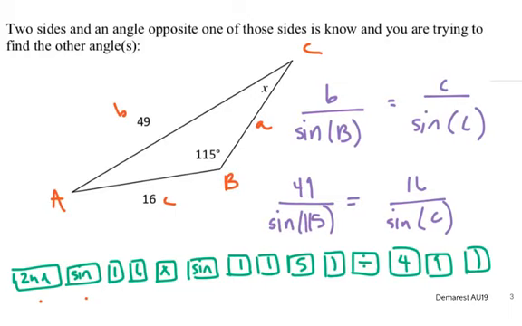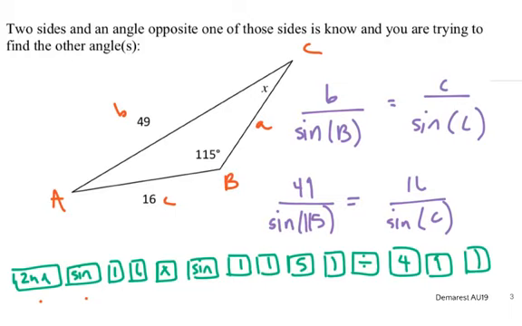Then you'll just hit the normal sine. Then you'll type in 115. Important thing, close that parenthesis so we know that only 115 degrees is inside the sine. And then hit the division symbol, and then 4, 9, close parentheses again. That's closing the beginning parenthesis that was open for you on the sine inverse.